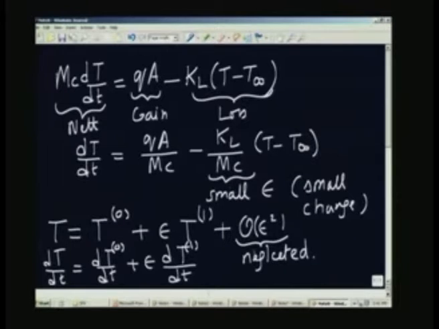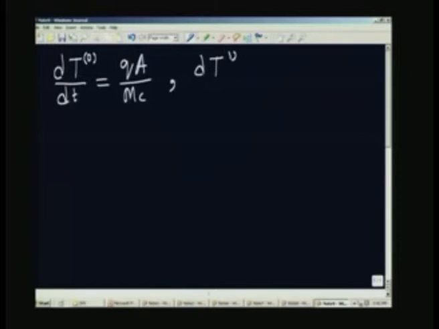So I will go to the next sheet and write it out. You can see that dT naught by dt must be equal to qA by mc, and dT1 by dt is now multiplied by epsilon.